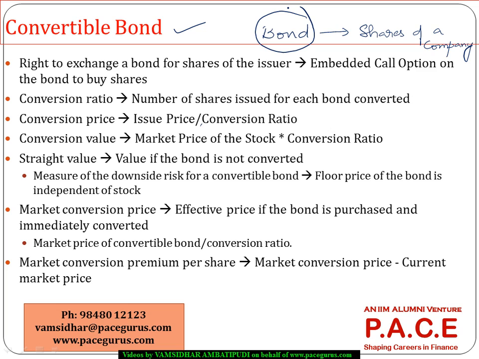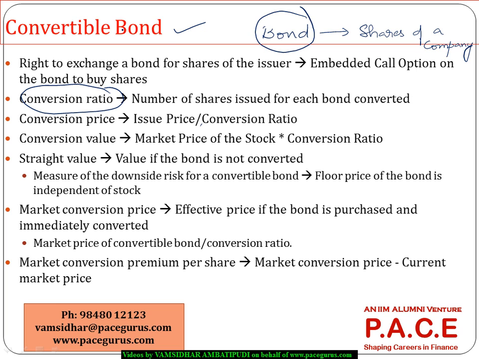Initially I purchase a bond, but at a later stage I can convert it into the shares of a company. And into how many shares one bond can be converted at a later date is what we call the conversion ratio, and it is decided at the time of issuance of the bond itself.